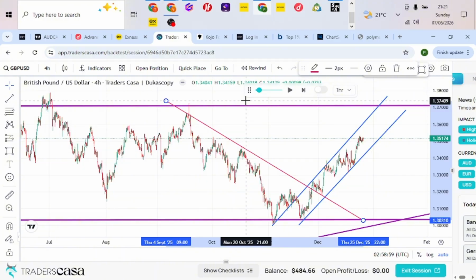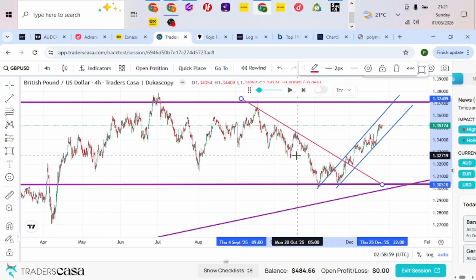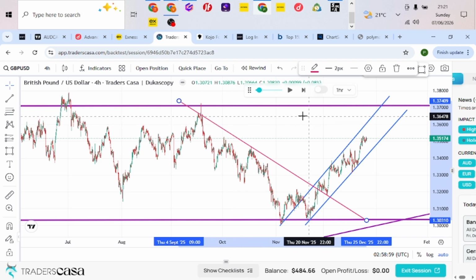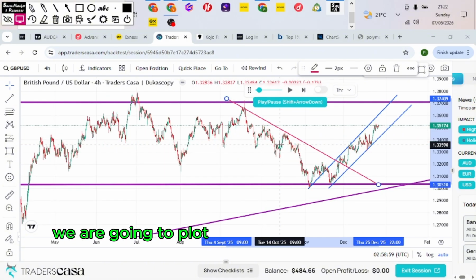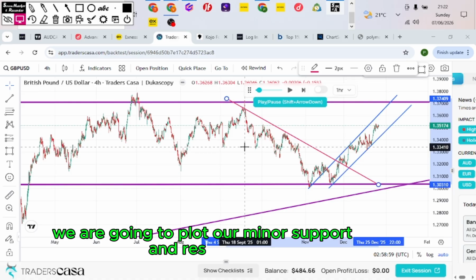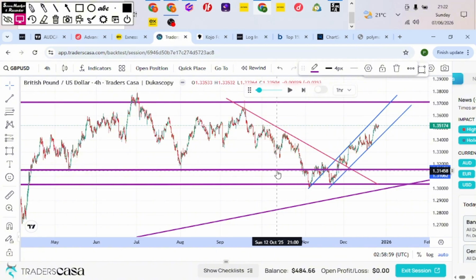This is 4 hours. We have found out that the higher time frame is in an uptrend, and now we want to see if the market will go back in this direction and respect this particular price, 1.3700. We are going to plot our minor support and resistance before we can do anything here. Let me clone this.